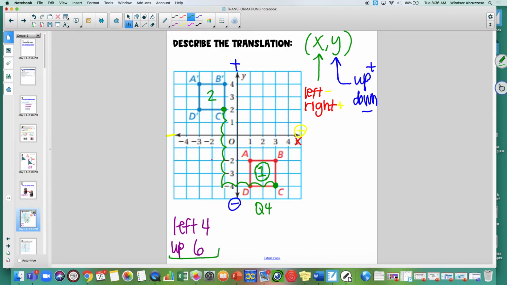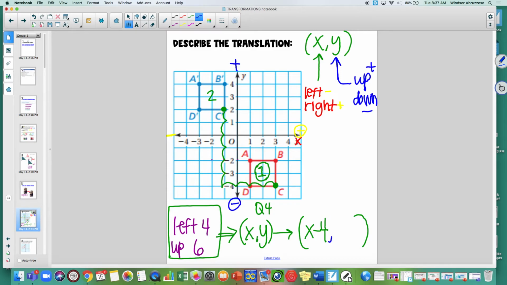Now, sometimes you're going to see the translation described like this. But in algebra, we write it algebraically. So you're going to take your original coordinates, and what are you going to do to them? What did we do to the x? We went left 4. Is left positive or negative? Negative 4.